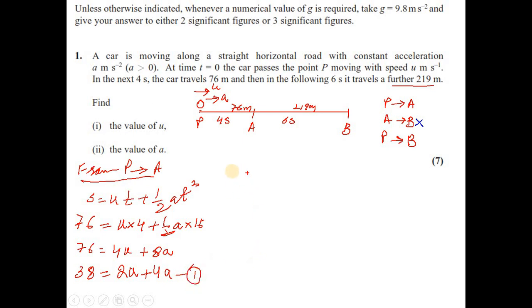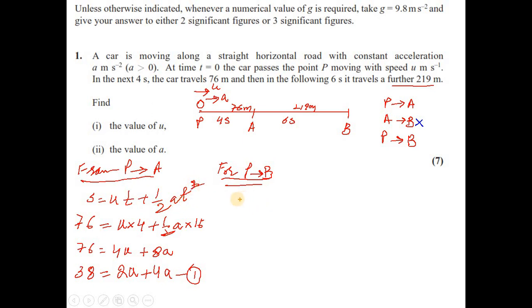Now I'm going to use the information for interval P to B, the whole interval. For this whole interval I'm going to use the same equation, s equal to ut plus half at squared.